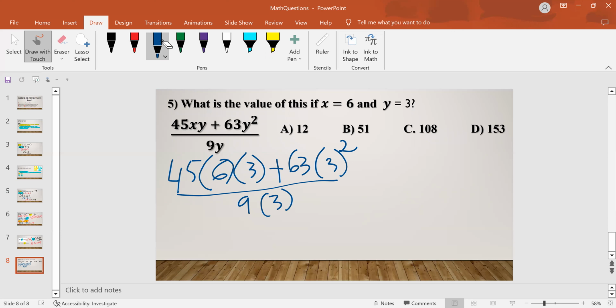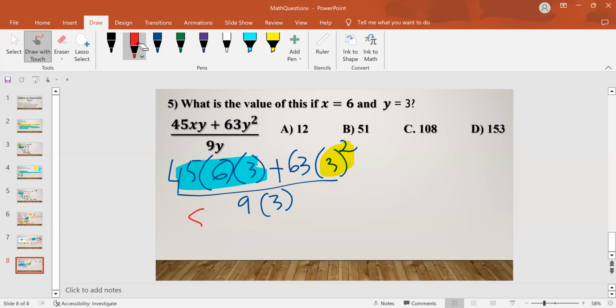Okay, we continue. So you have to understand that when you have this, there is a power here. If you do 45 first, 45 multiplied by 6 multiplied by 3 using a calculator, that will give you 810.